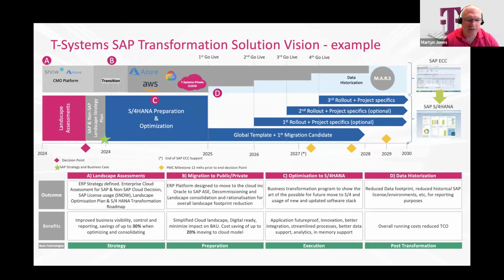In most cases, not. And what we're seeing is a lot of customers are now looking at historization, and there's a lot more historization products coming onto the marketplace now, where customers are able to leave that data in a read-only format, but it's not using an SAP license. So you're not governed by that. You're also not having any issues with SAP software releases or operating systems that later on you'd probably need to upgrade.